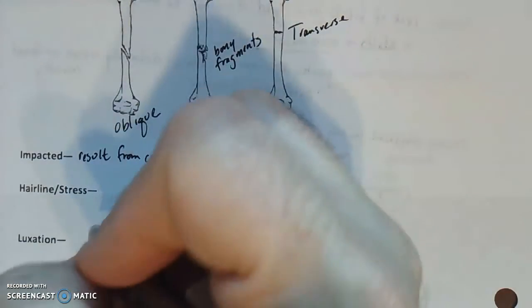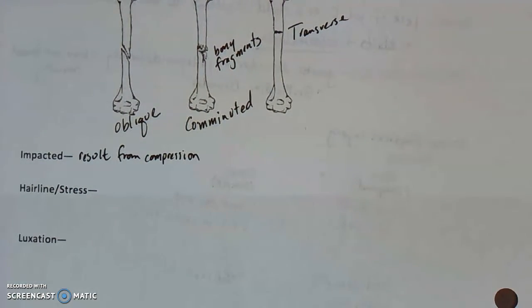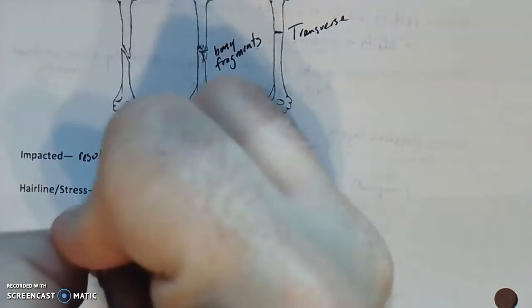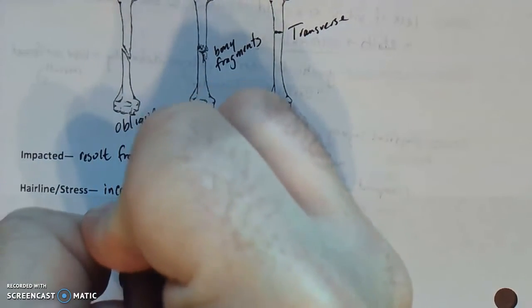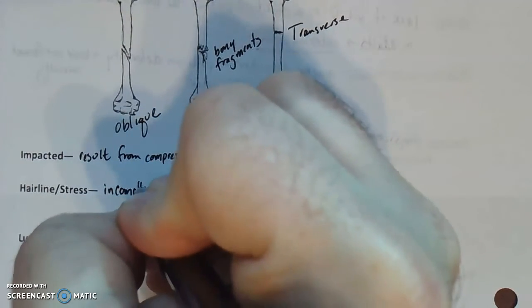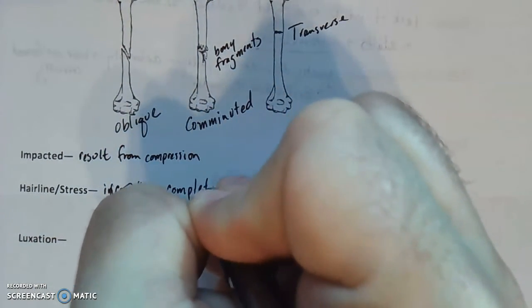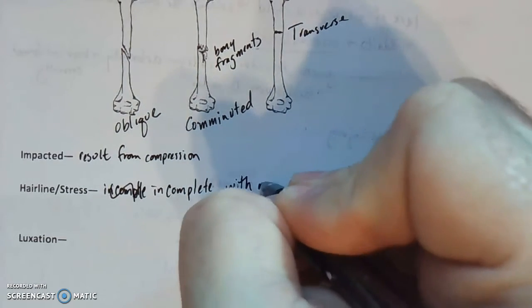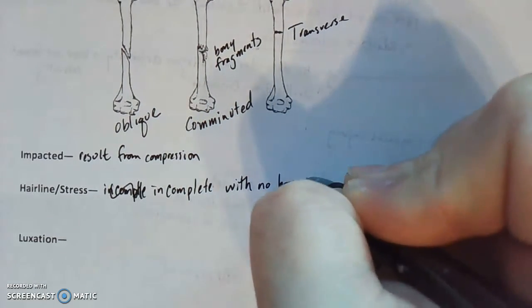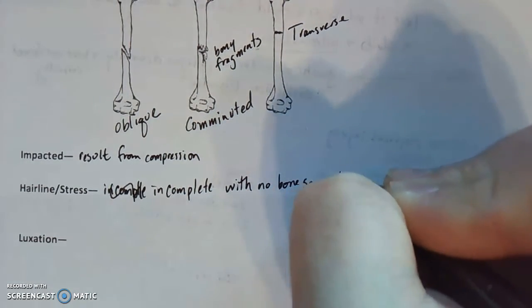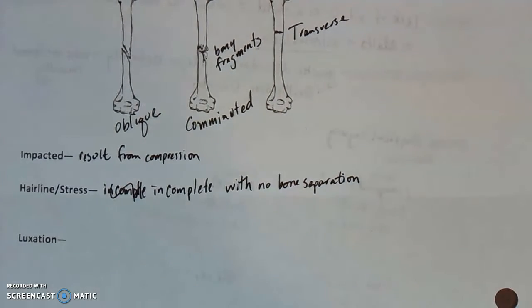Hairline or a stress fracture, green stick could be that, but this is basically incomplete with no bone separation. These are often very, very hard to detect.